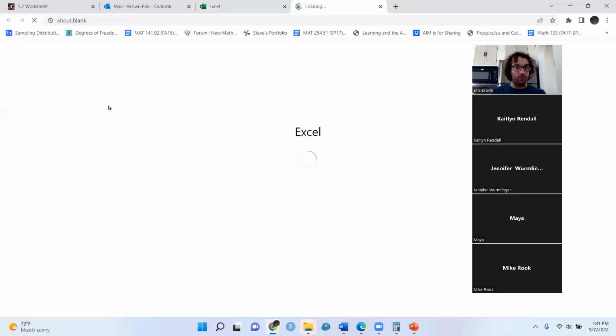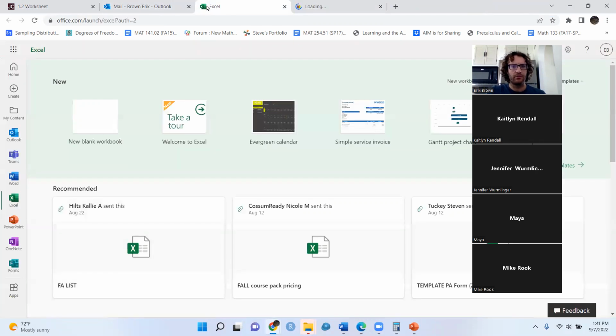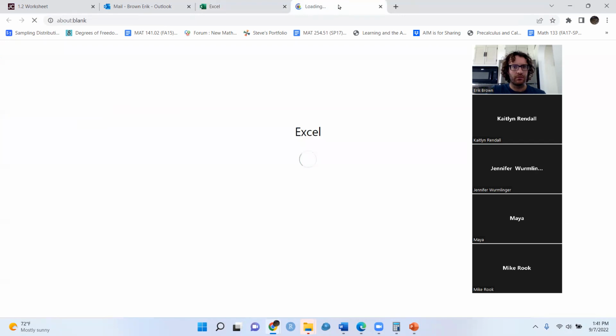And we're going to open a blank worksheet. You can also do this in Google Sheets. I don't know why it's downloading. Wait for it.